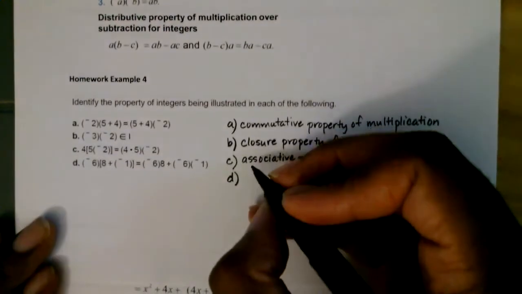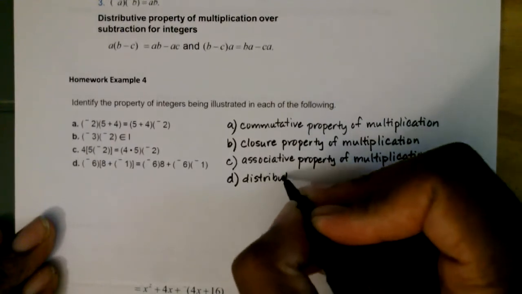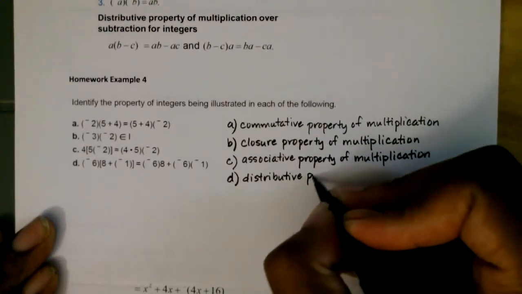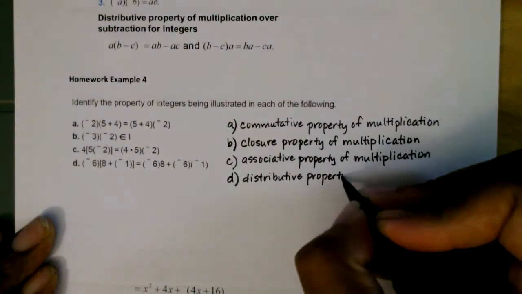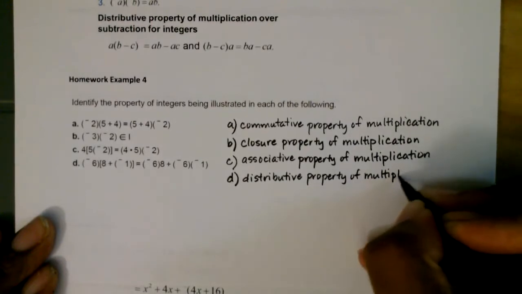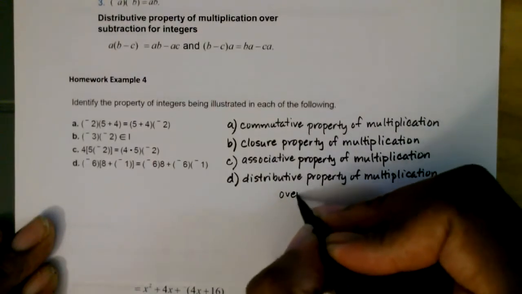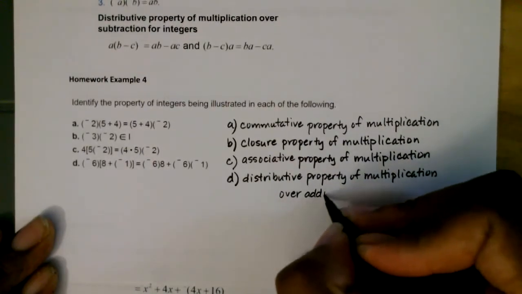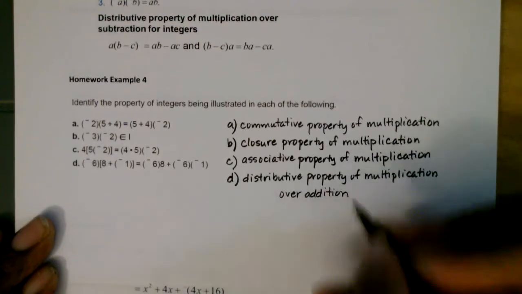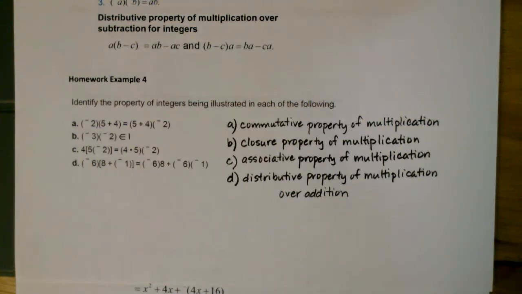So this is the distributive property of multiplication over addition. Okay, so that's how we identify the properties being illustrated in those examples.